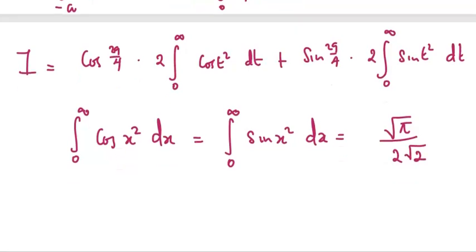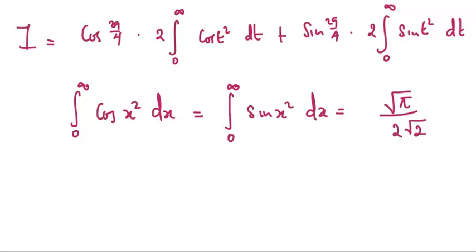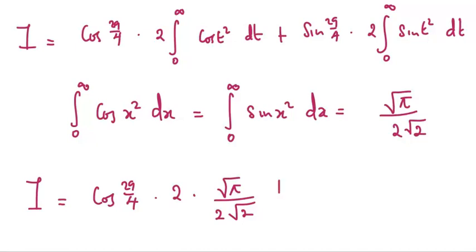When you multiply it by 2, it will only give us square root of pi over square root of 2. Therefore, I is going to be equal to cosine of 29 divided by 4 multiplied by 2 times the square root of pi divided by 2 root of 2, plus sine of 29 divided by 4 multiplied by 2 times the square root of pi divided by 2 root of 2.